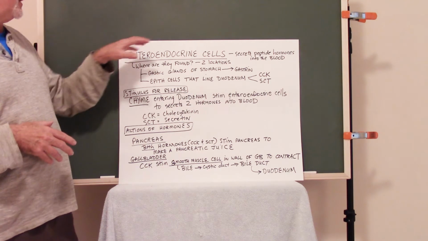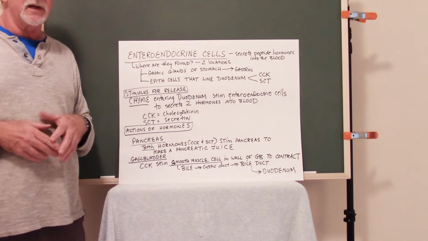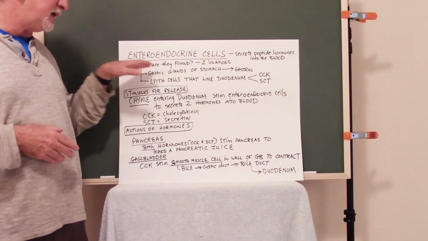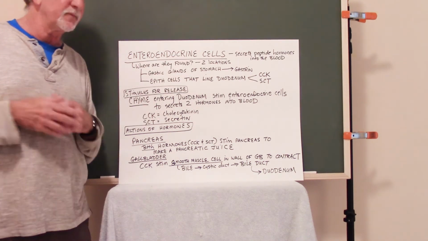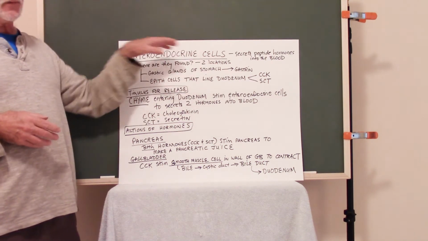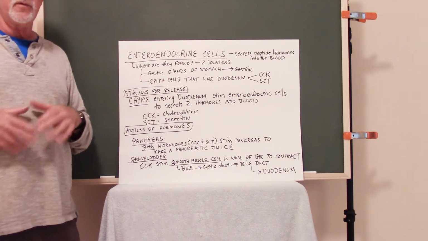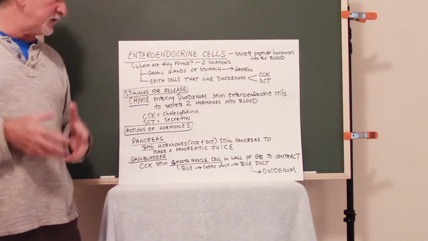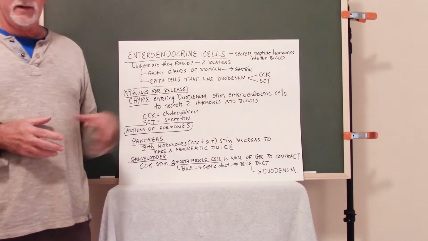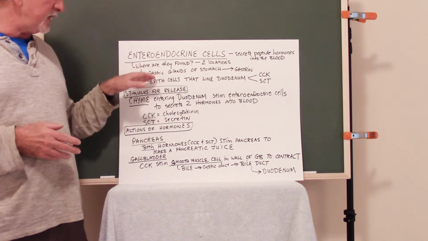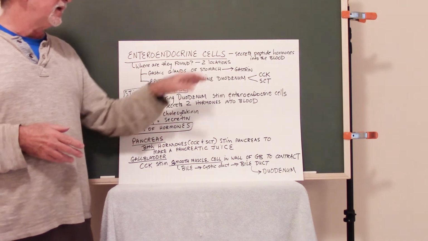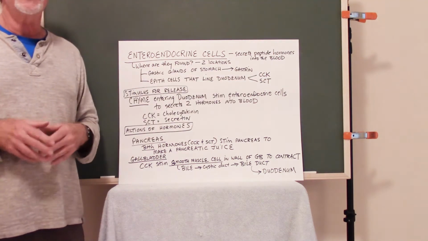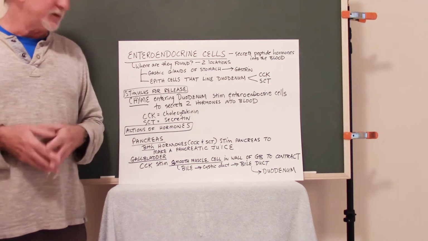There are enteroendocrine cells found in the gastric glands of the stomach, and there they secrete gastrin. There are also enteroendocrine cells that form part of the epithelial cell layer that lines the duodenum. And the enteroendocrine cells found in the duodenum secrete 2 hormones, cholecystokinin and secretin.